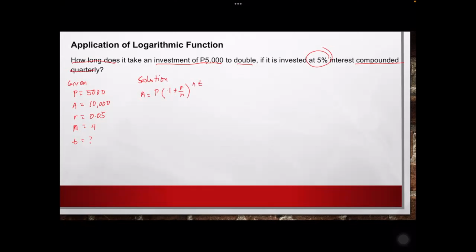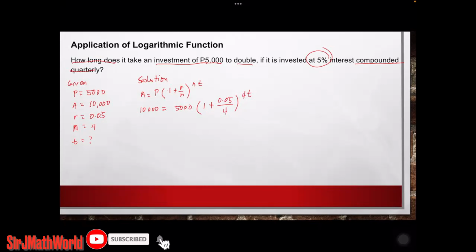So, A natin is 10,000 is equal to 5,000 multiply by 1 plus yung R natin is 0.05 over 4 raised to n natin ay 4, then t. Then, simplify lang muna natin yung nandito sa loob.